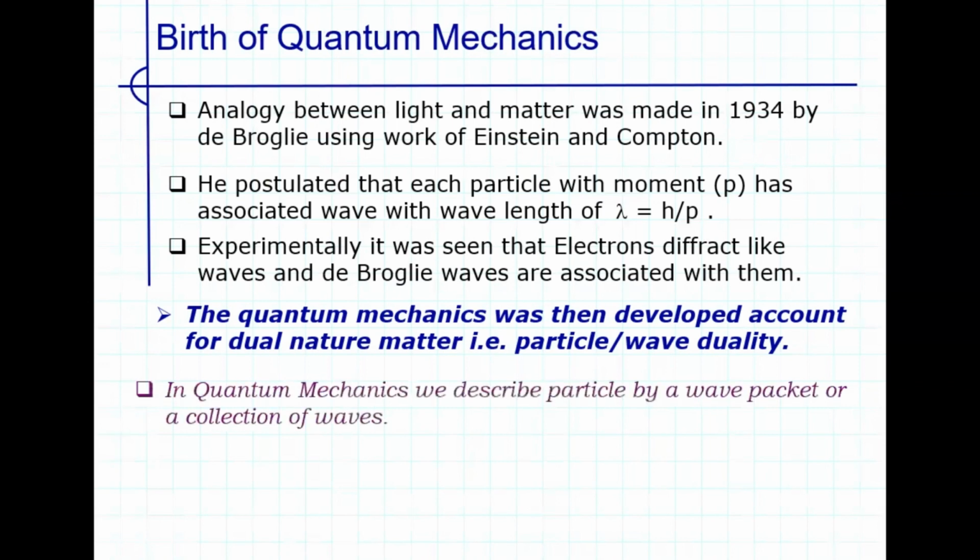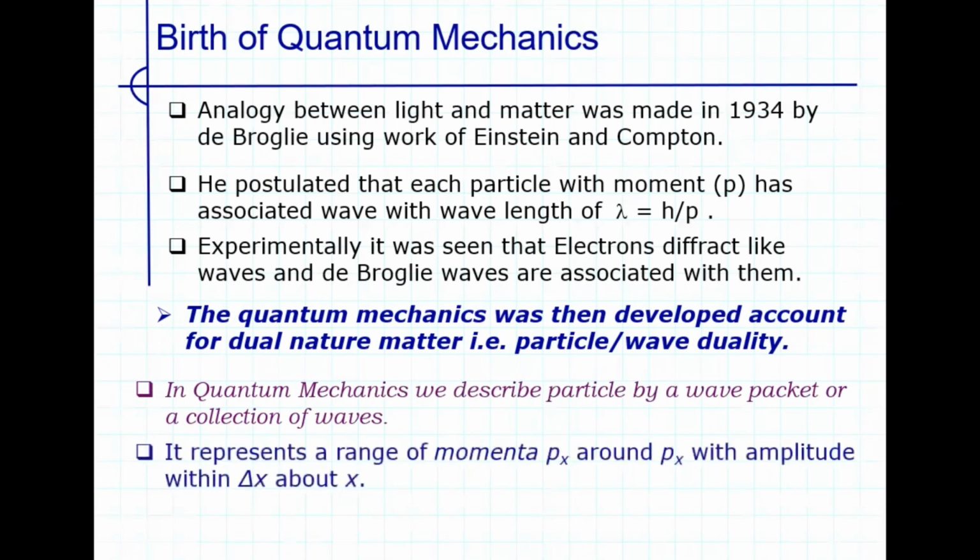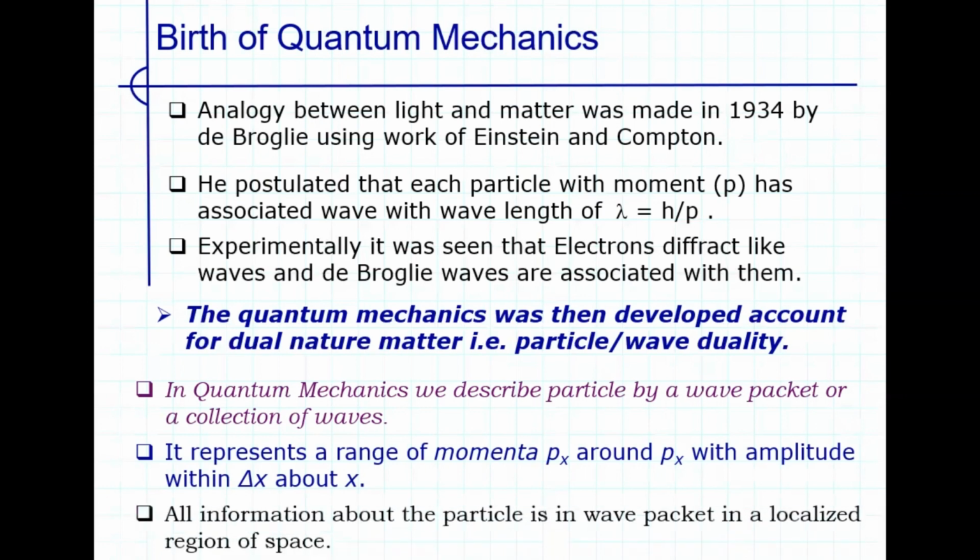In quantum mechanics, we describe particles by wave packets or collections of waves. We say that it is representing a range of momenta delta p around p, at position x with the amplitude of delta x. The information about the particles is within the wave packet, and it is within the localized region of space.